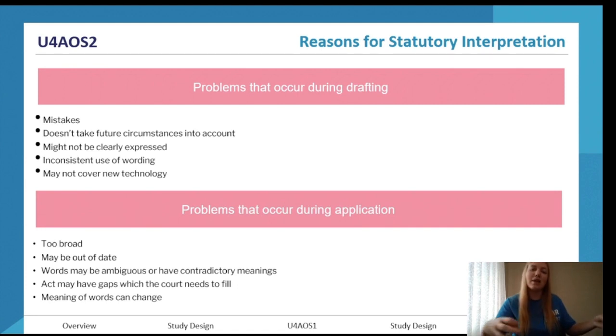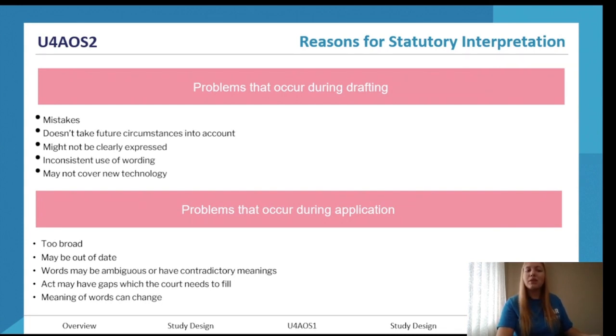So when the law is actually being made, when the act is being written, this could include mistakes, and this could include if future circumstances and changes in how society and values would change weren't taken into account. If the law is not clearly expressed or clearly defined, it might be some inconsistent use of wording that's creating issues, or not covering new technology that has come out.